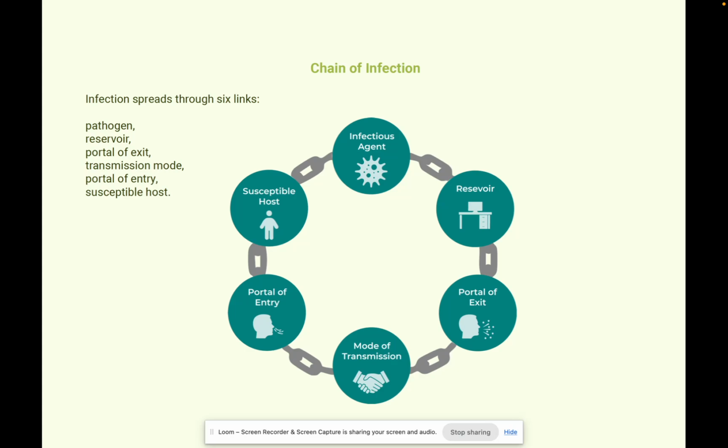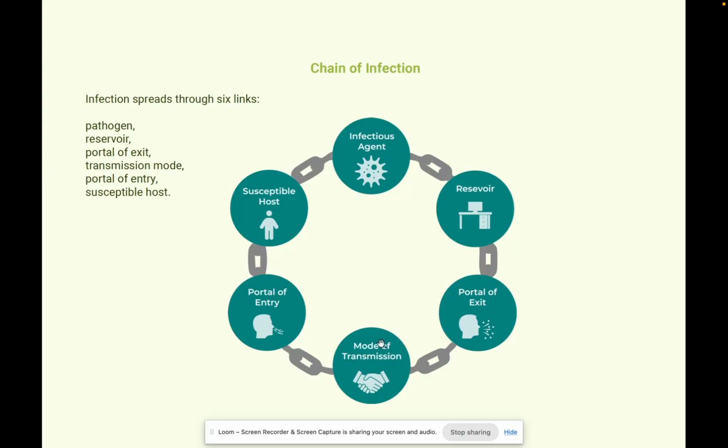And then when we talk about portal of exit, it is the way that the infectious agent leaves the reservoir. This includes secretions like saliva, mucus, blood, or by coughing, or even by sneezing, right? Through the air. And after the portal of exit, we have what we call the mode of transmission.